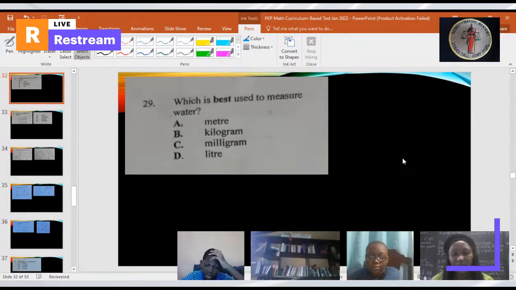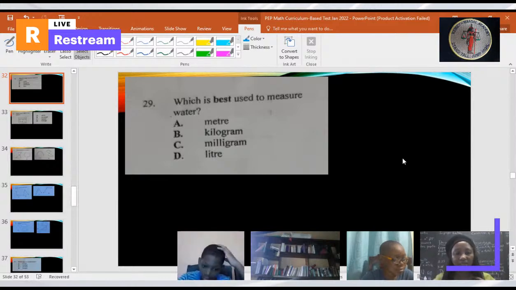We read the question twice. Which is best used to measure water? Miss, D, liter. And read the options, Antoine. A meter, B kilogram, C milligram, D liter.